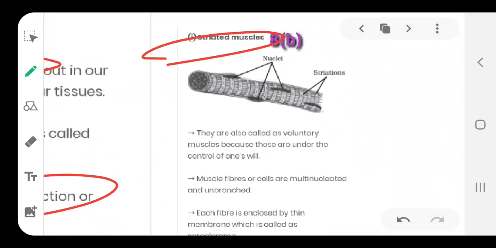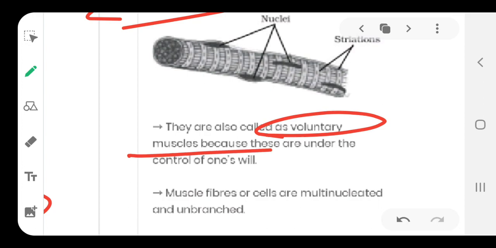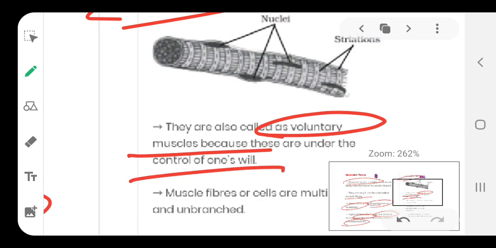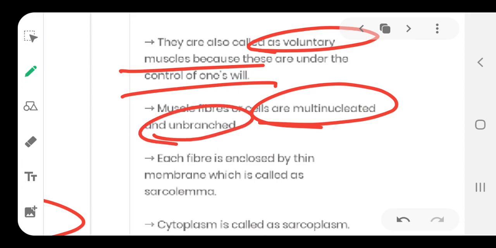So first is striated, so you can see there is striation on the whole tissue, hence the word striated. In terms of function, they are voluntary muscles because they are under your will, that means you can control their movement. And the muscle fibers or cells in this tissue are multinucleated, write it down, and unbranched.